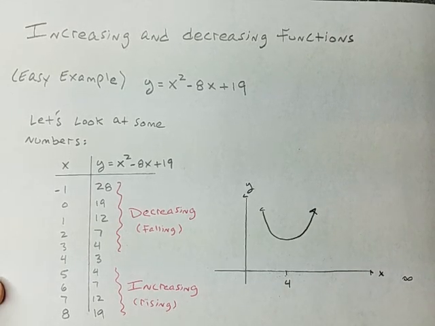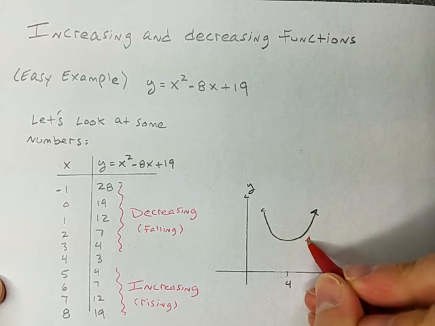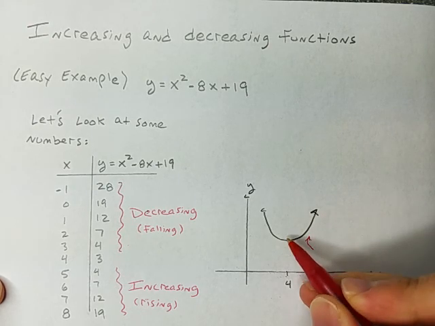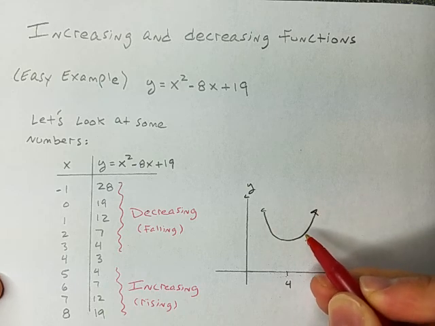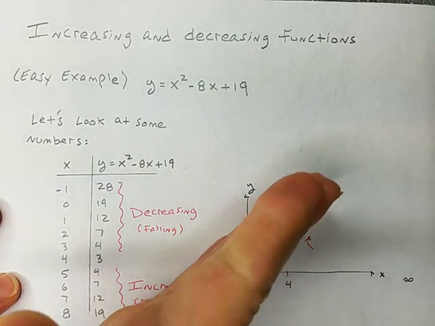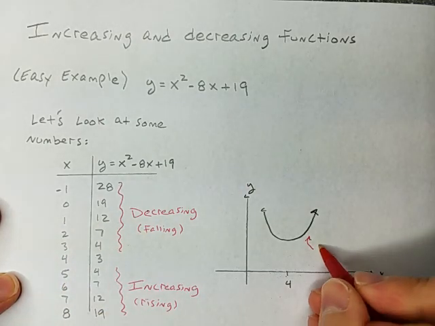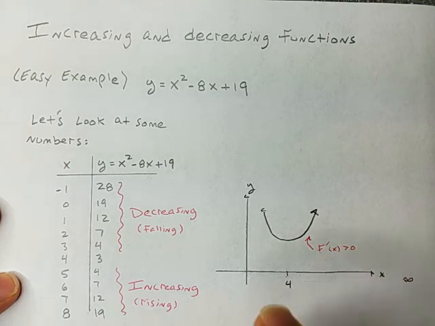And what about the curve? What's the slope of the curve anywhere in there? Going upwards. Well, what do we say if the slope of a line is going up from left to right? We say it's positive. So the derivative is going to be greater than 0 from 4 to infinity. It's rising.